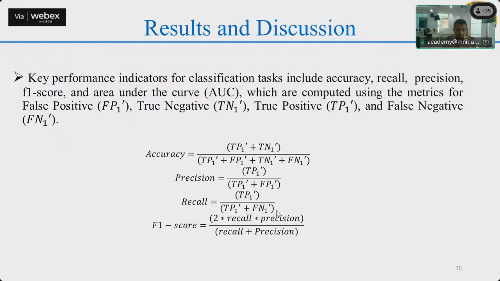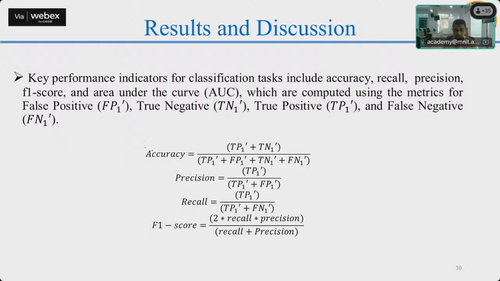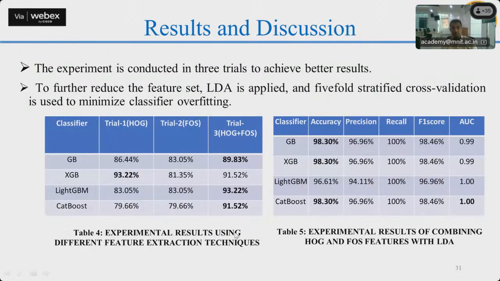So regarding the results and the discussion, what are the parameters that are going to play a role? So this is basically the accuracy, here the precision, then recall, and that is basically the F1 score. Another thing, see this experiment using different feature extraction techniques.